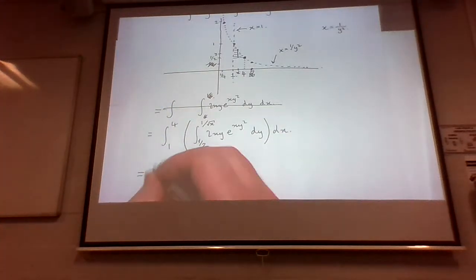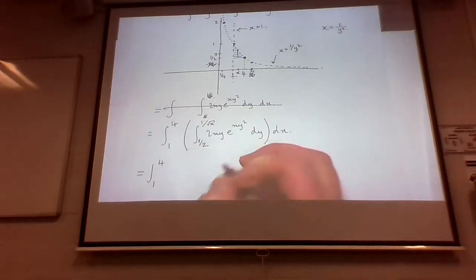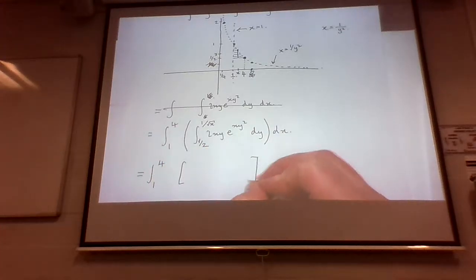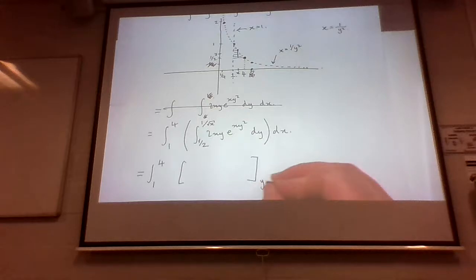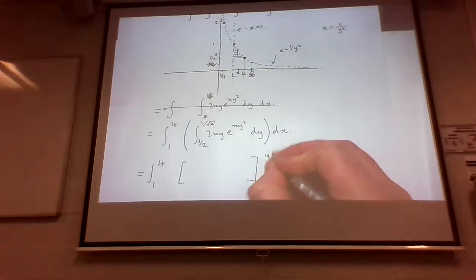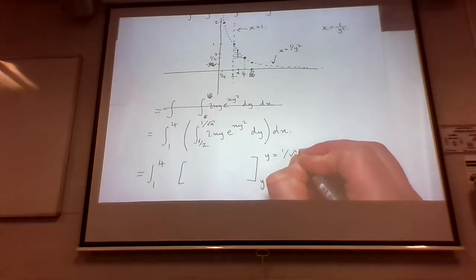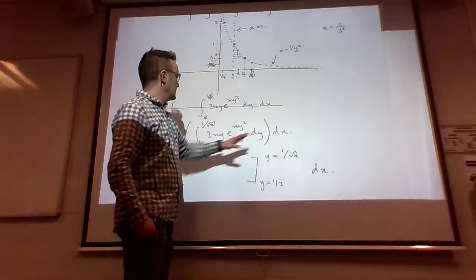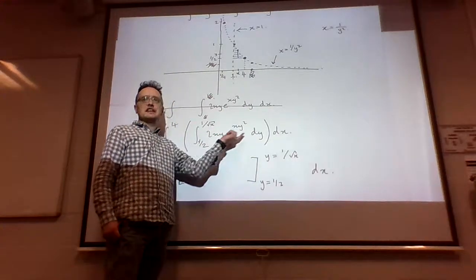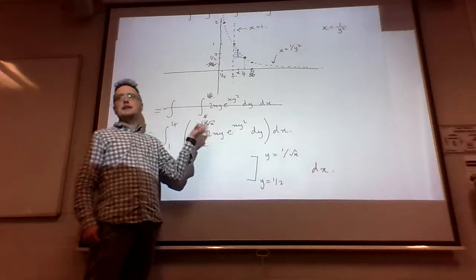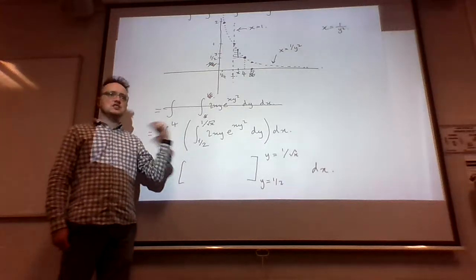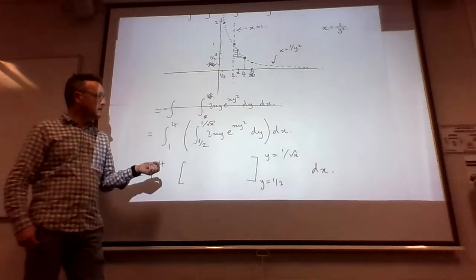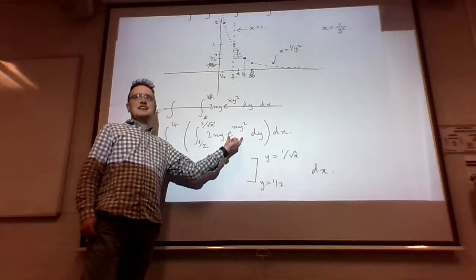So we can actually forge ahead and carry out this first integral, I think. Because this function does have a nice integral with respect to y. Now, you look at it first and it's a product of two functions of y, so we might expect to use integration by parts again. But it's got the exponential here.